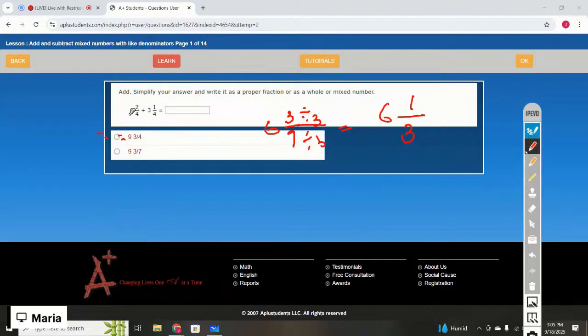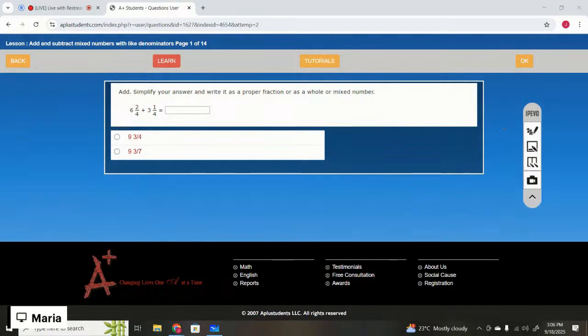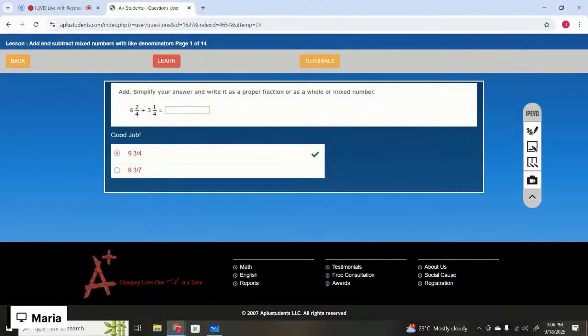First, you need to do 6 plus 3. So 6 plus 3 is 9. Then you can add the numerators 2 plus 1. 2 plus 1 is 3 and the denominator is exactly the same. So that is 9 whole 3 by 4. The correct option is 9 whole 3 by 4. Option number 1 is the correct option.